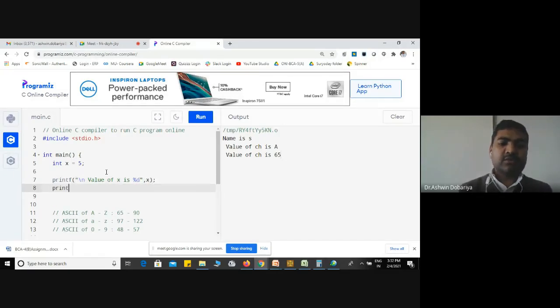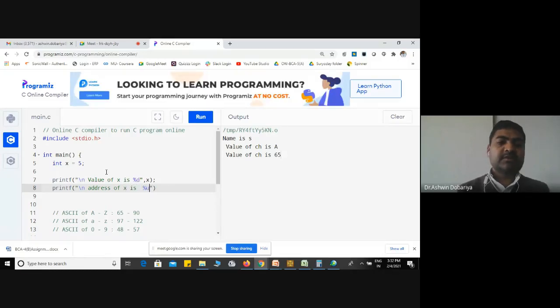But suppose I want to display the address of x, then it is unsigned, so %u. Every variable occupies memory in RAM, right? So every variable has its own address.